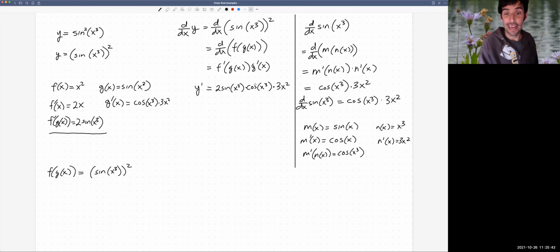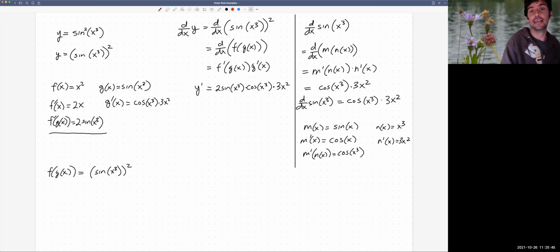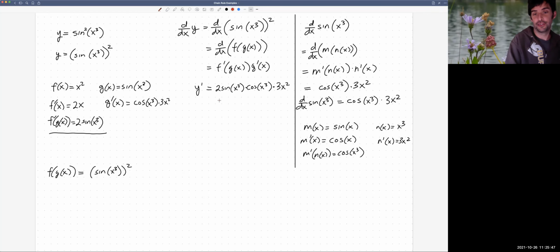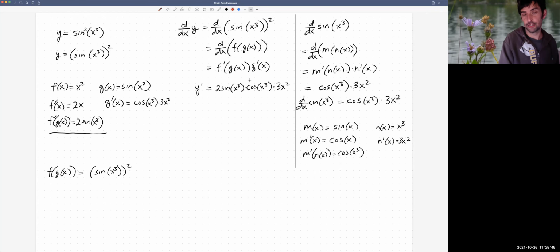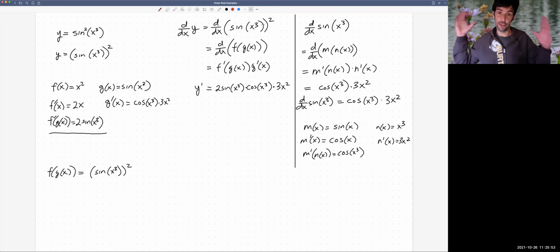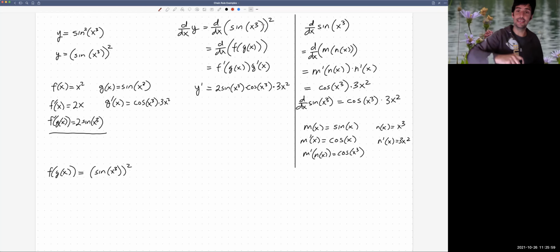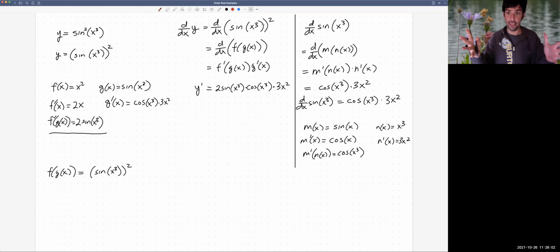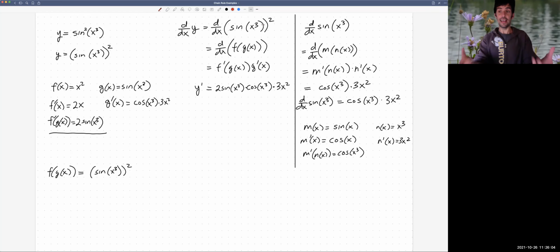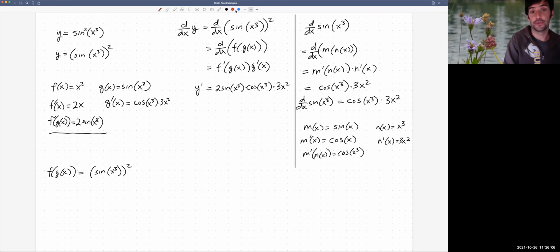Okay. Now let's look closely at this function and our derivative, right? So let's look at the top: sine, the quantity squared, of sine of x cubed. What have we done? We've put x cubed inside of sine, and then we've put sine into the squaring function, right?